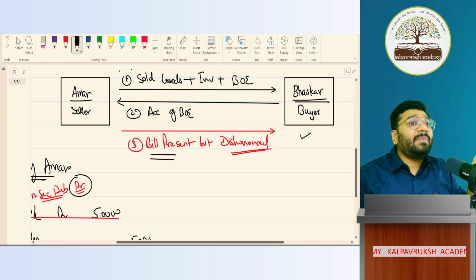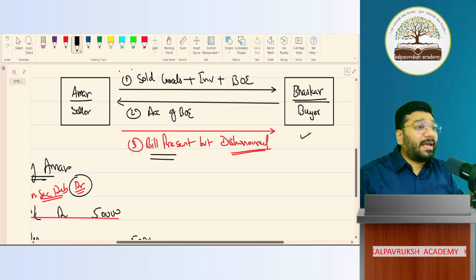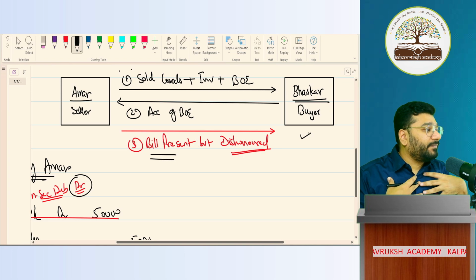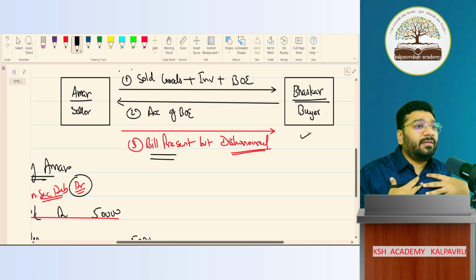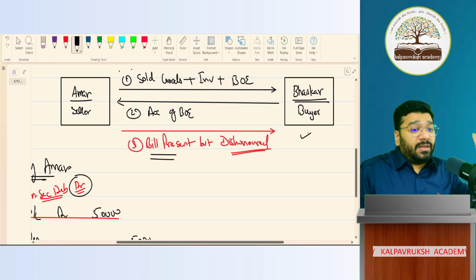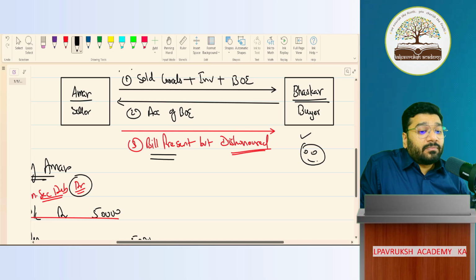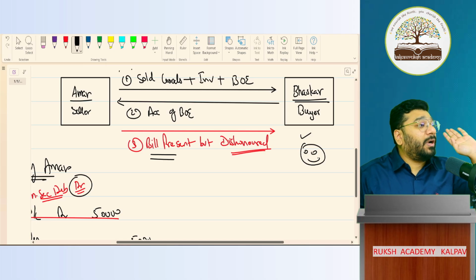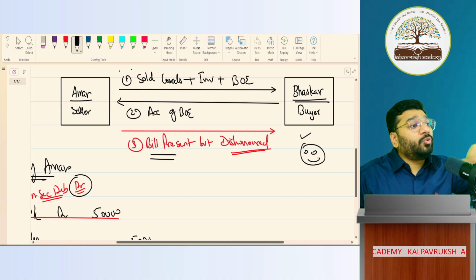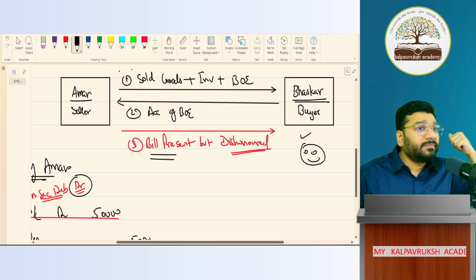But still, Amar can be happy that at least Bhaskar has come and approached me for a renewal. He's genuinely caring about my emotions. So renewal of bill is a very happy concept. Though payment is not happening, Bhaskar emotionally reached out to Amar, requesting them to renew the bill and give a future date. Yes or no?